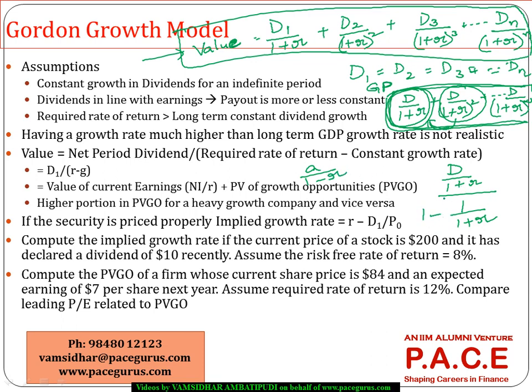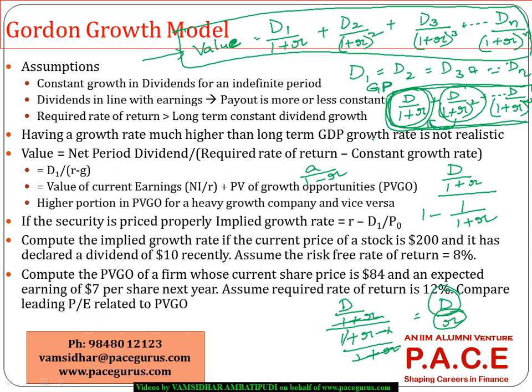So it is working out as D by (1 plus r) divided by [1 minus 1 by (1 plus r)]. Obviously this works out to D by r. D is that constant dividend, whatever is being declared as the constant dividend, divided by the required rate of return.